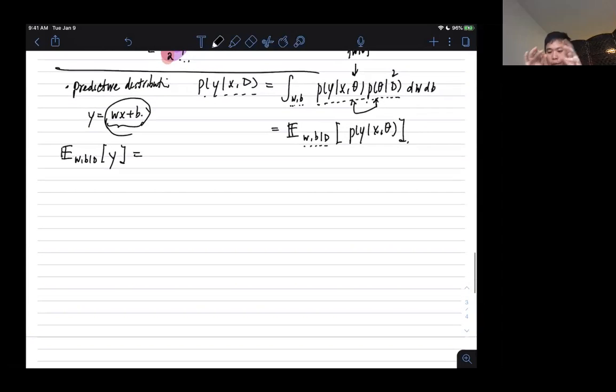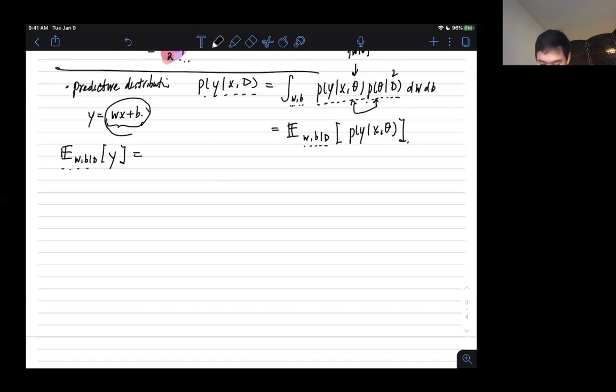The nice thing about linear regression, and the reason why we chose linear regression for this example, is the linearity of the expectation. We learned about it, and we also had that as a question in homeworks, because that makes everything so much easier. What it means is that because y is Wx plus b, we can simply push this expectation inside. Does it make sense?